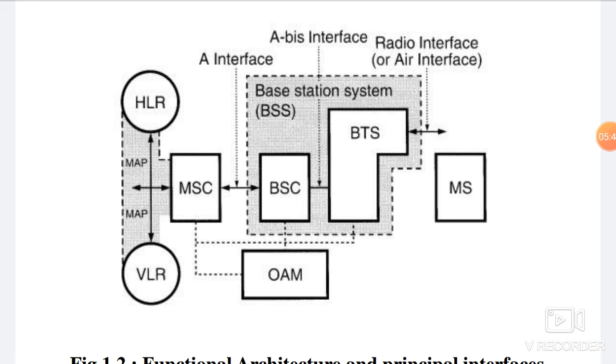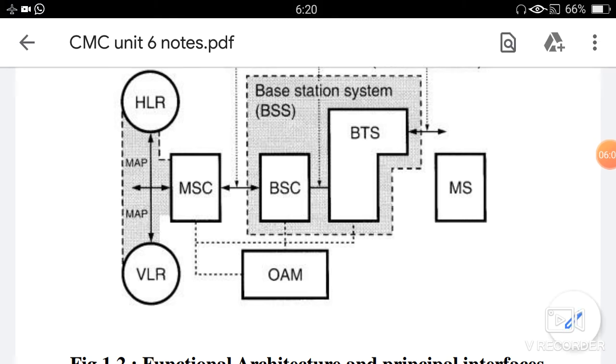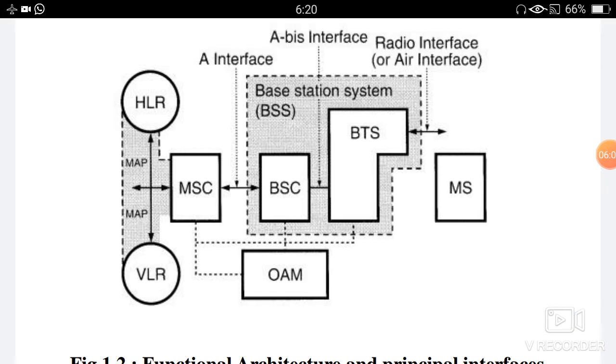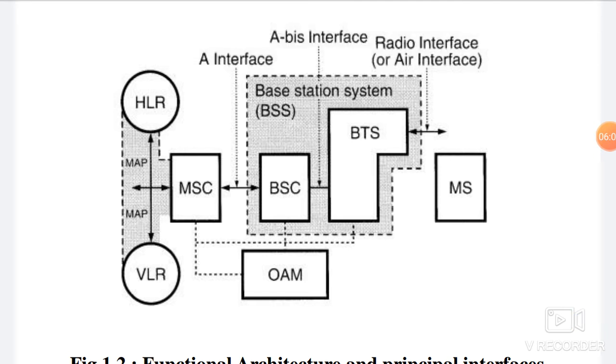The home location register is a standalone computer without switching capabilities, a database which contains subscriber information and information related to the subscriber's current location. It is only the current location, not the actual location of the subscriber.